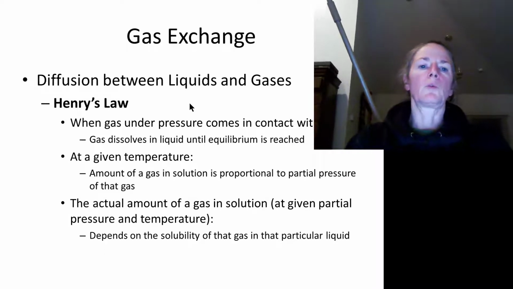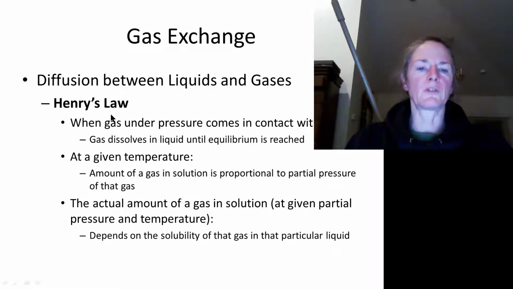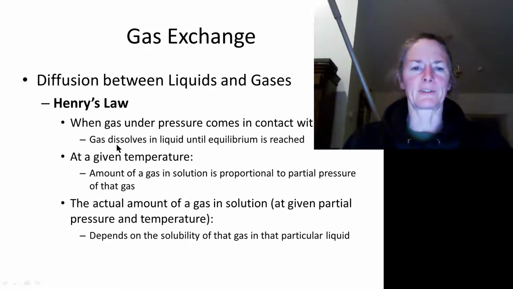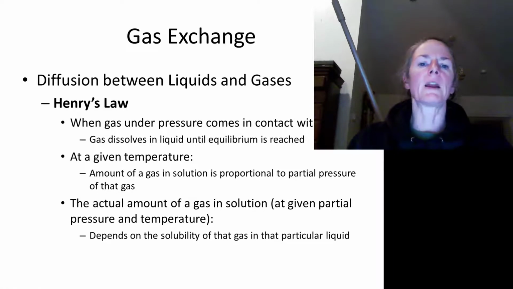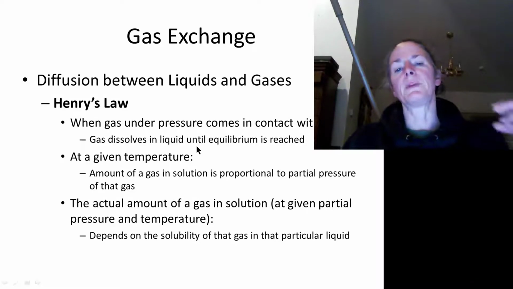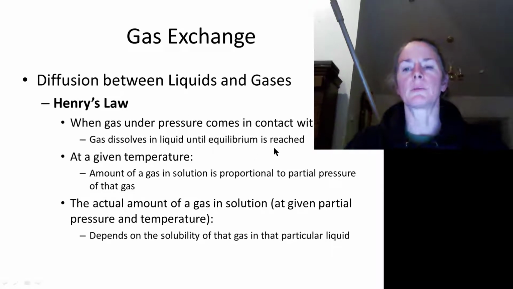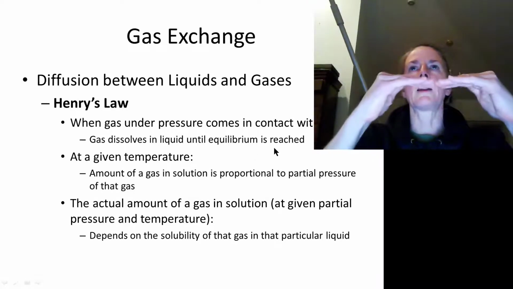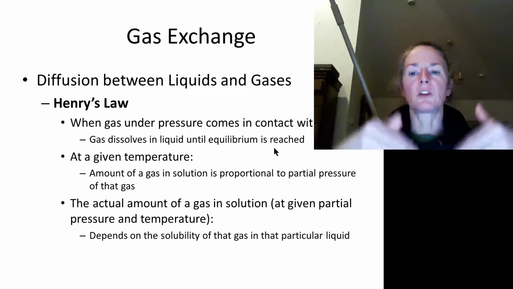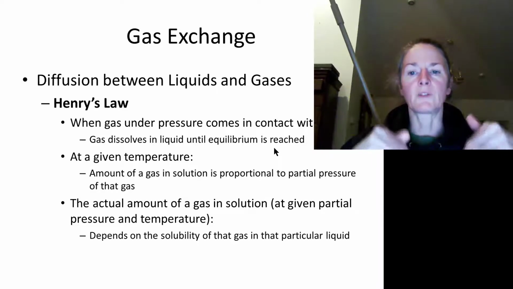All right, so then we can go on to Henry's law. Once again, I've forgotten Henry's first name, but at any rate, he showed that gas, when it's under pressure and comes in contact with liquid, will basically be dissolved in that liquid until an equilibrium is reached, until you get as much release of the gas as you have being dissolved.